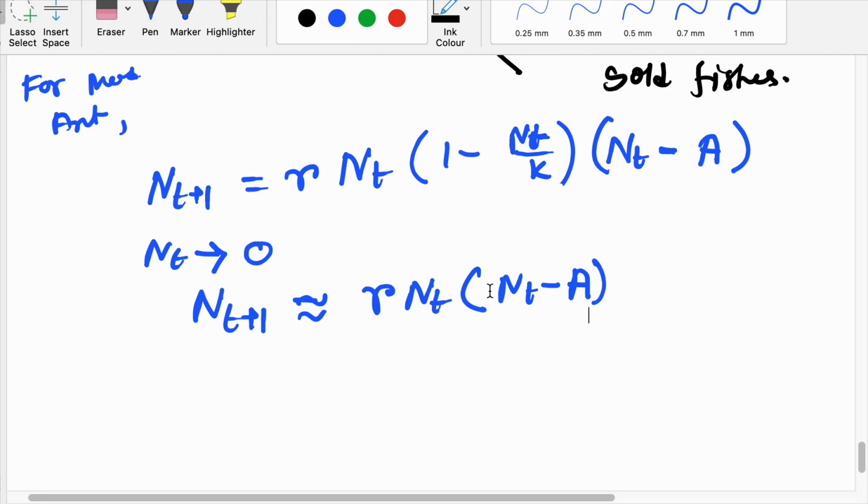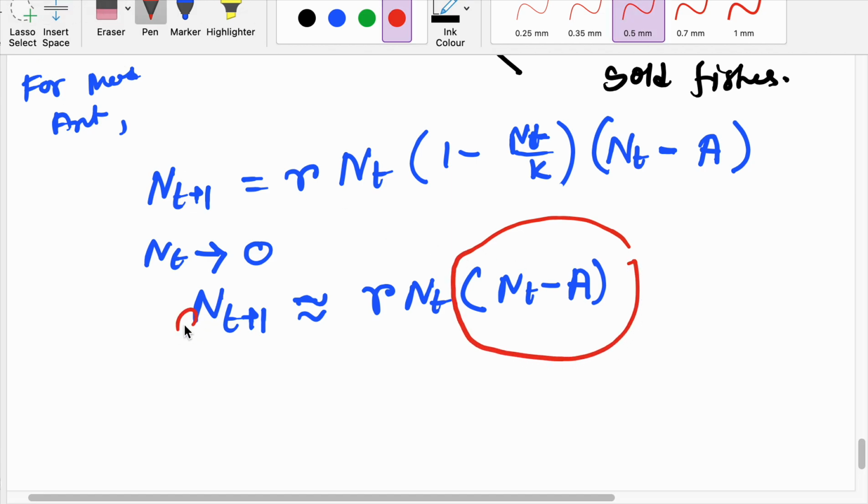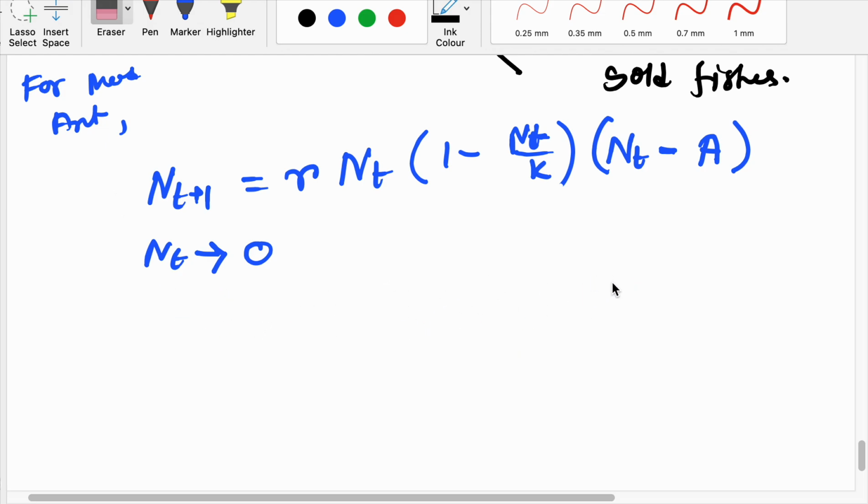So you see one interesting thing we should notice here: this is the growth rate, the per capita growth rate. Let me write it properly: N(t+1) minus N(t), divided by N(t).